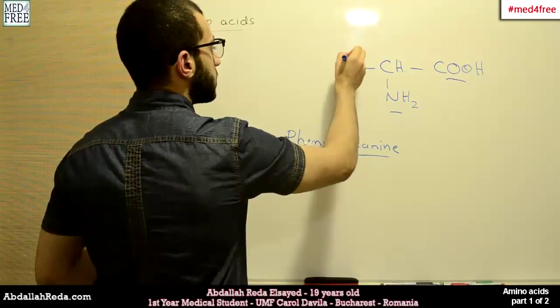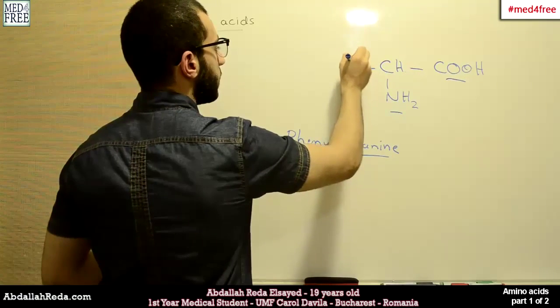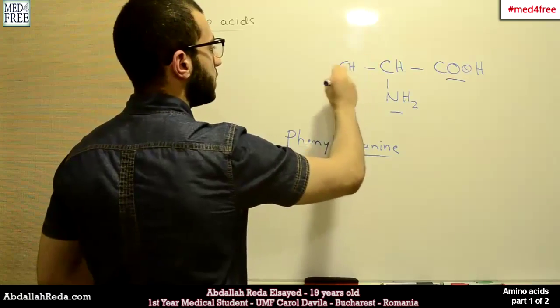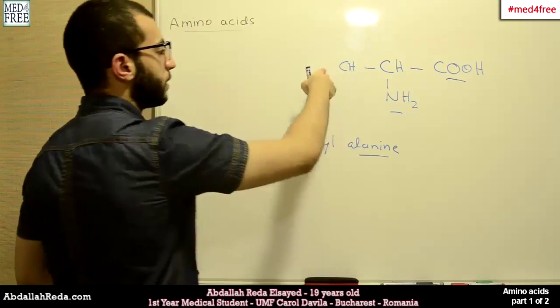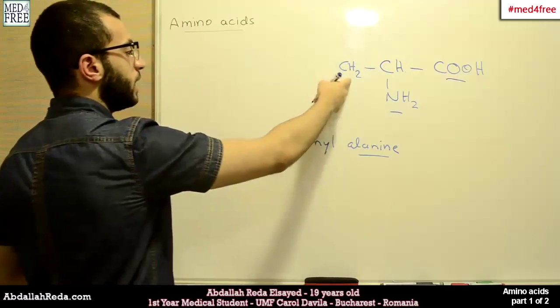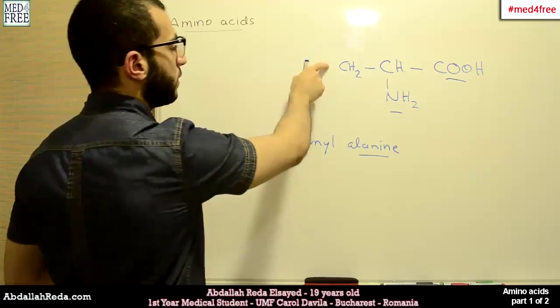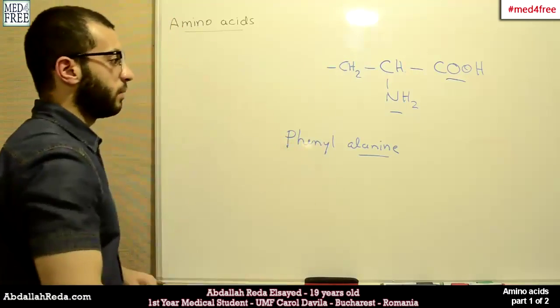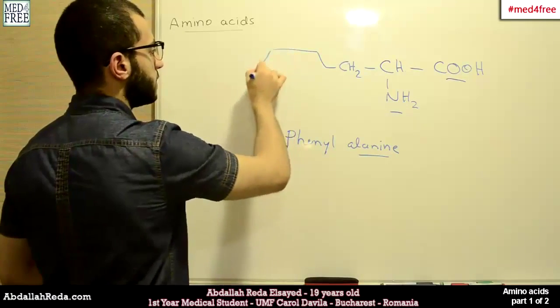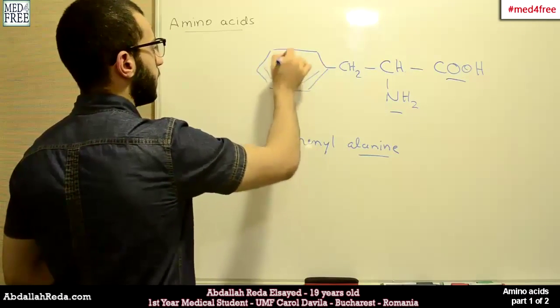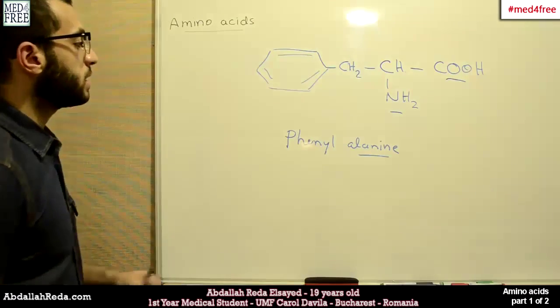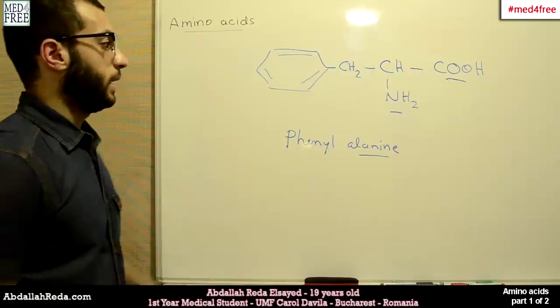In alanine, we have here a CH, then a CH2, and then a methyl group. But instead of a methyl group, we will have a benzene ring, like that. This is phenylalanine.